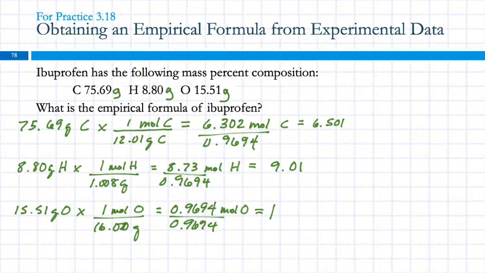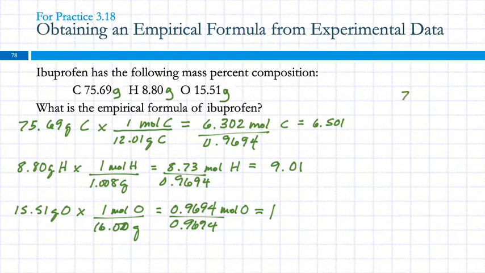So can I round all of those to whole numbers? Can I round 6.5 to a whole number? Is this within 0.2 of a whole number? No, it isn't. If I was going to round that, I'd round it to 7, right?